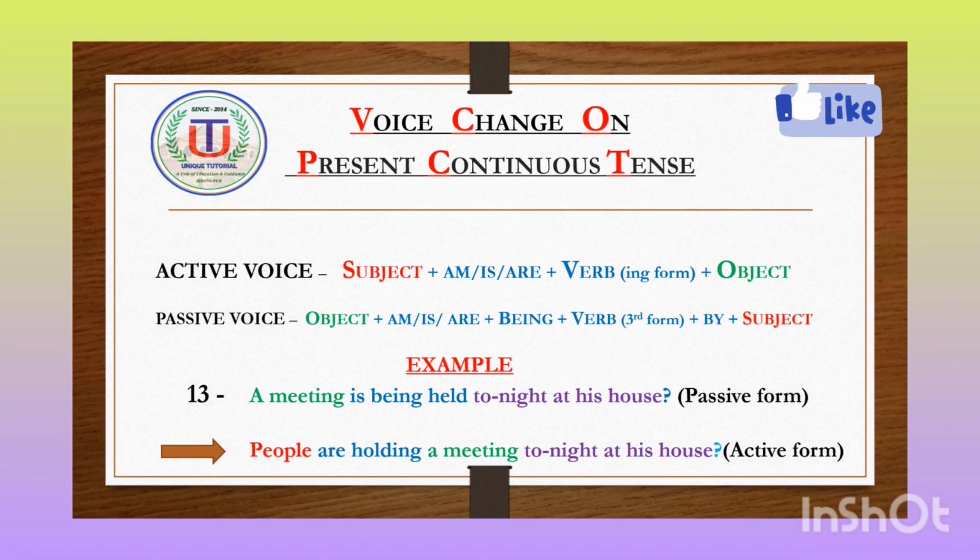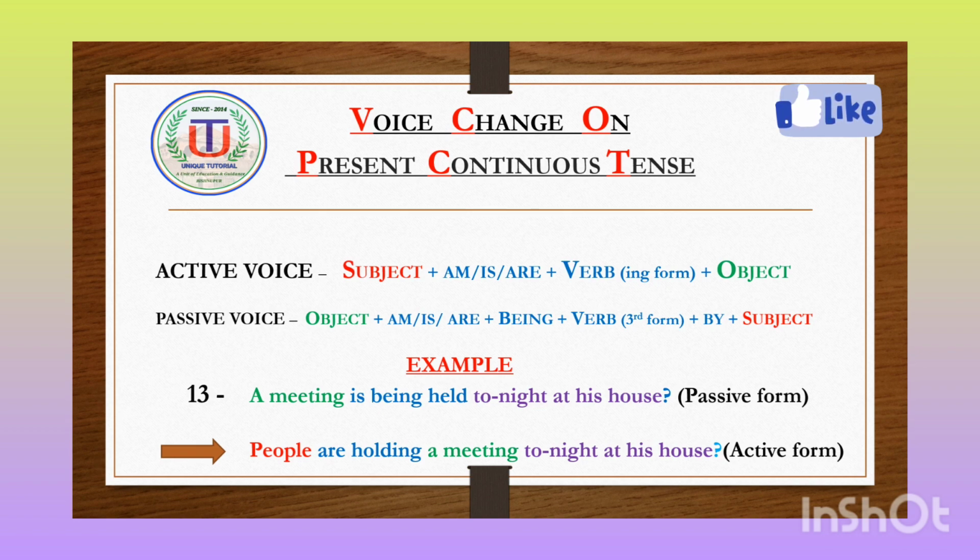This example is, a meeting is being held tonight at his house. The sentence is in present continuous form but in passive. So to make it active, the structure will be, first comes the subject, then an auxiliary verb, either am or is or are, then verb in ing form, then object.